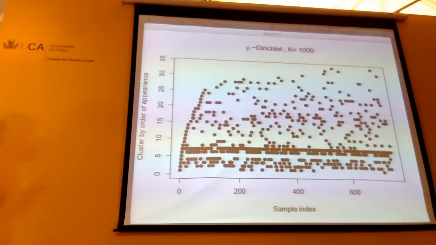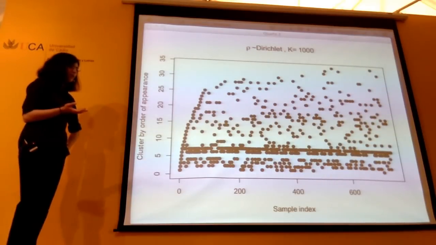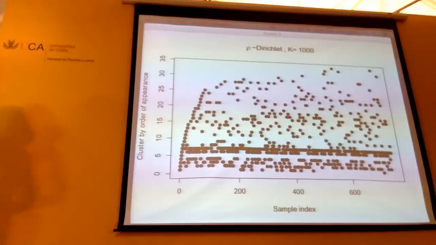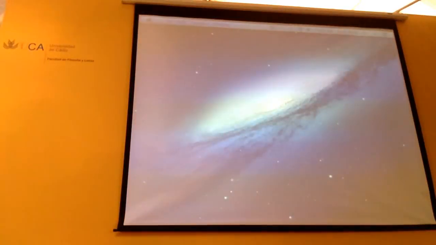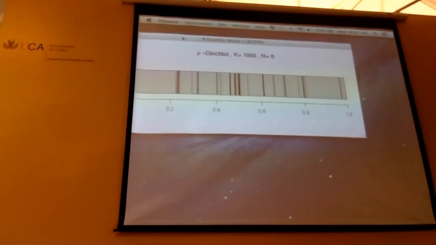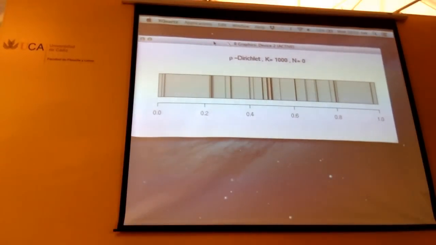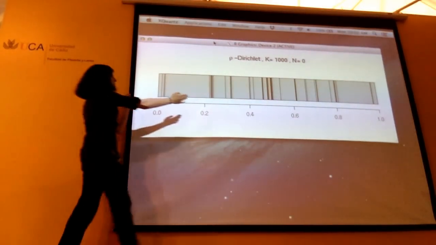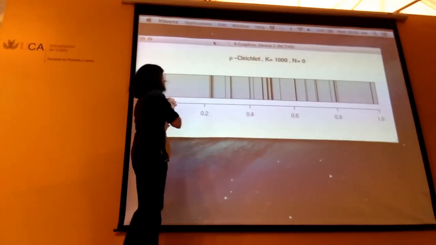Okay, so when we did A equals 0.01, maybe I should remind you of what that looked like first. So we had some very large clusters and some very tiny clusters.